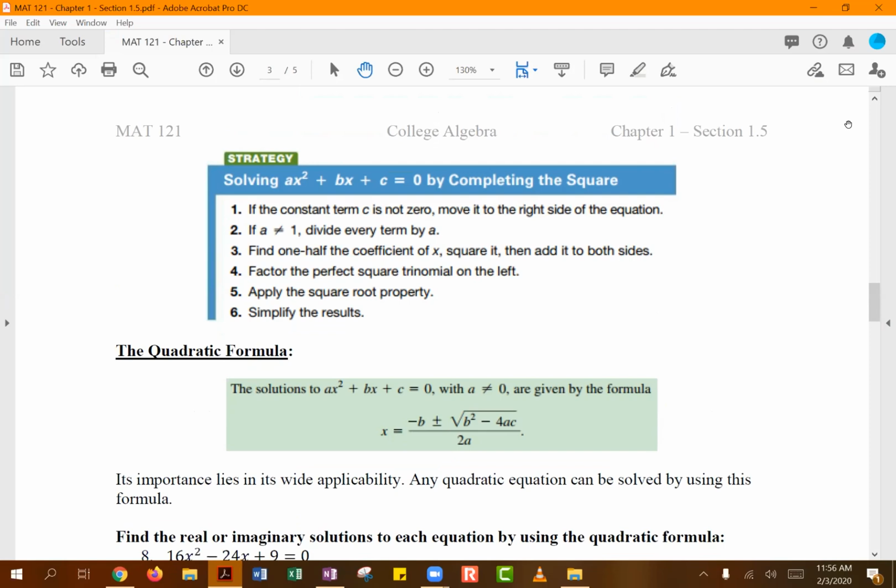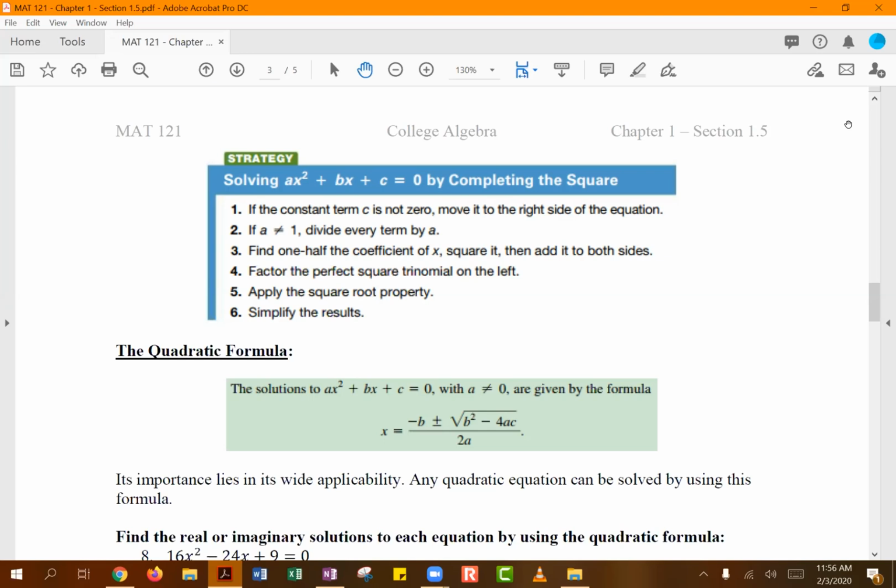You always take your constant term, which is the term without any variable, and always get it out of the way. So move it to the right-hand side. We're always making sure that our leading term is just 1. If it's not 1, divide everything by that number, whether positive or negative.